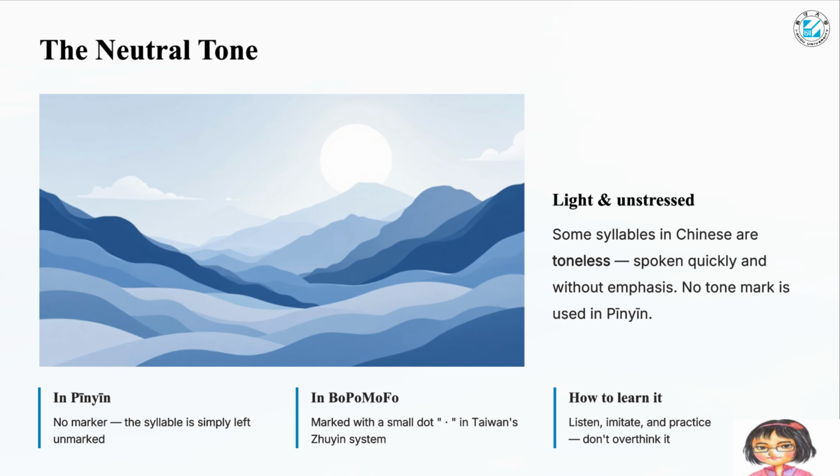And also we have a neutral tone, which actually is not marked in 汉语拼音. However, in the ㄅㄆㄇㄈ or 注音符号 system, it will have a little dot. Okay, so this kind of neutral tone will give a little bit emotional expressions of variation to the sentence, to the things you are going to express.